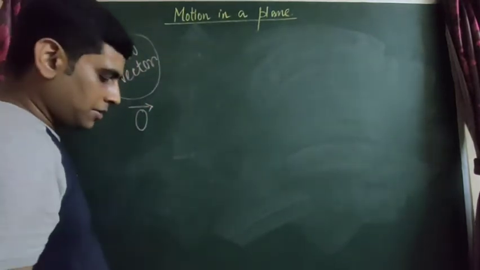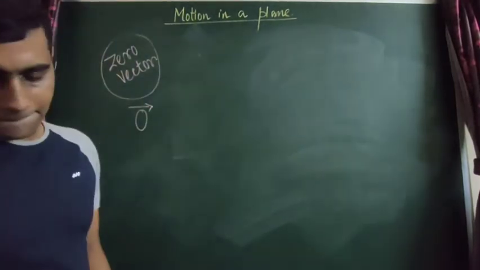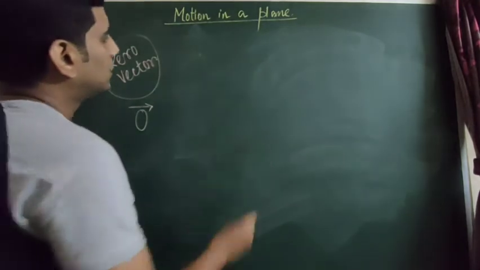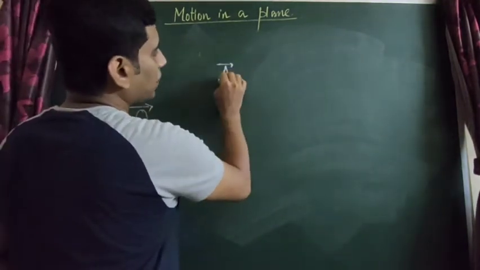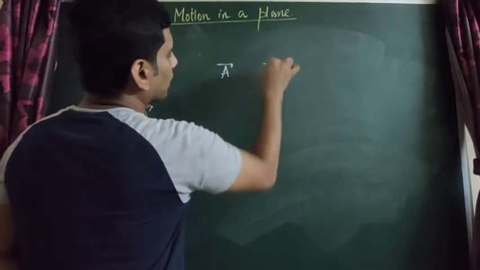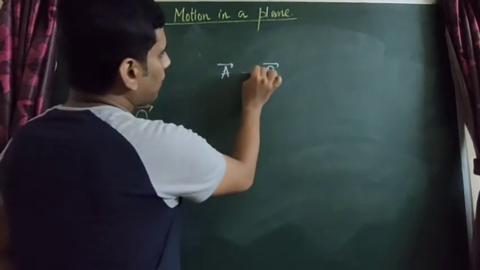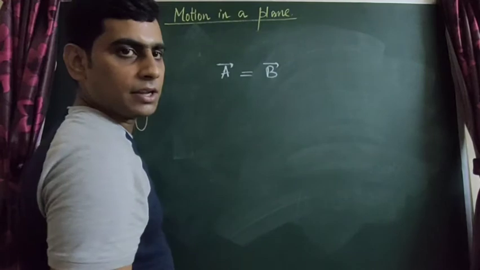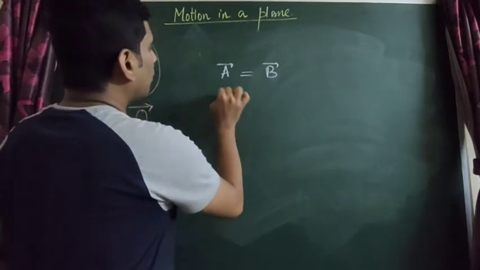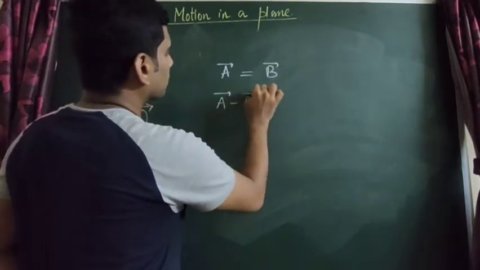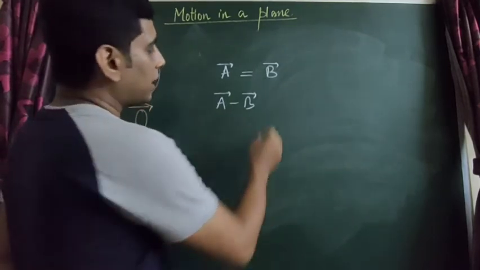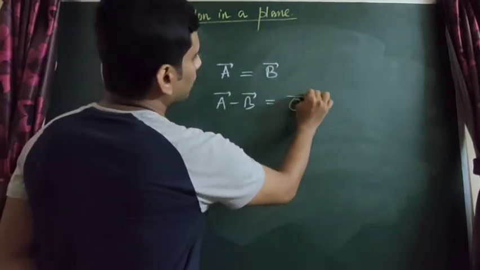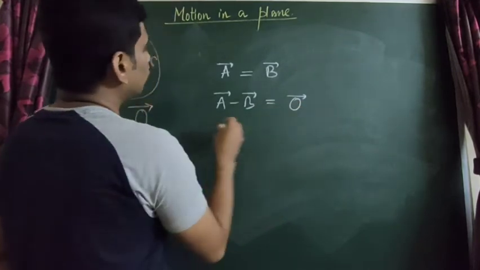Suppose there are two vectors, A vector and another vector B vector. Now if A vector becomes equal to B vector, then what will be the value of A vector minus B vector? It cannot be a scalar, since you are using vector analysis, so that has to be a vector. That's why this is also known as the null vector.